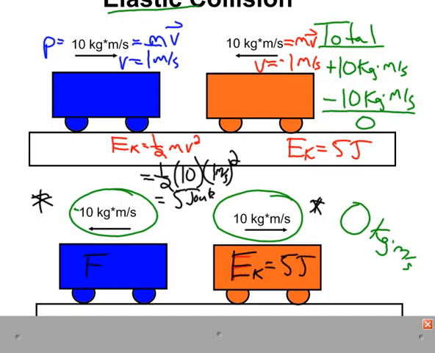The kinetic energy of the blue object will be 5 joules. So in addition to the total momentum before and after the collision being the same, when it comes to elastic collisions, the kinetic energy is also conserved. In this case, 10 joules of kinetic energy before the collision, 10 joules of kinetic energy after the collision.